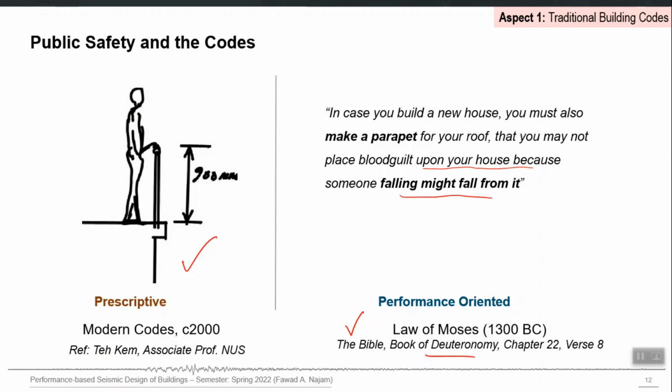And then the engineer uses all of his or her knowledge, expertise, resources, modeling and analysis, everything, to ensure that the performance objective is met, right? Simple. No limits, no rules, no tables to follow, no design aids, no flow charts, nothing, right? You are free to use any material, any height, any solution which prevents someone from falling from that roof, for example, right?